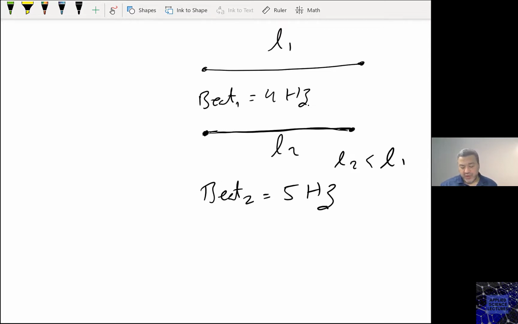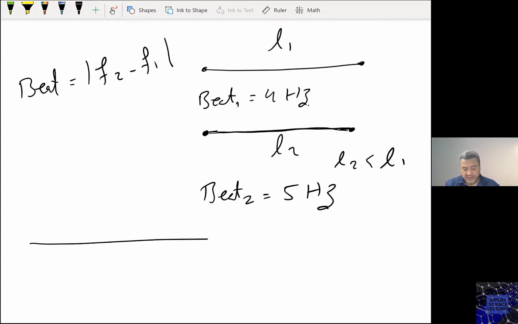Now, in order to understand what happened here, we know that the beat is the magnitude of F2 minus F1. So we want to know what happened. Let's assume that this is my frequency of the tuning fork, F1 equals 440 hertz.